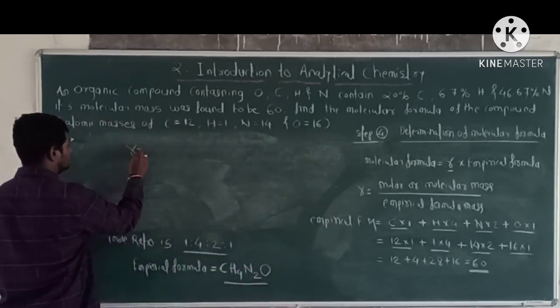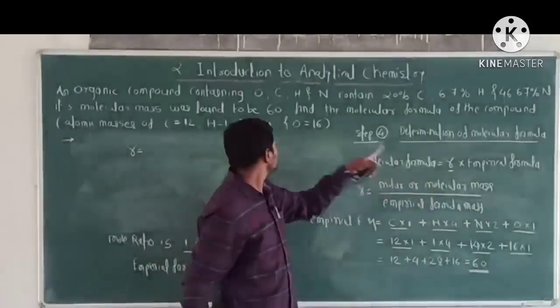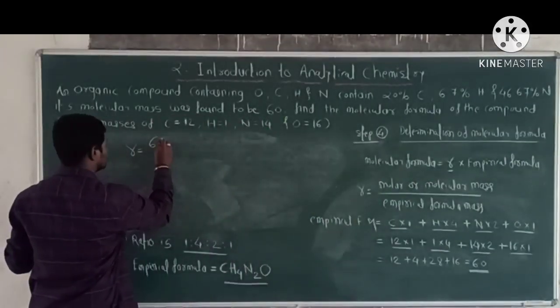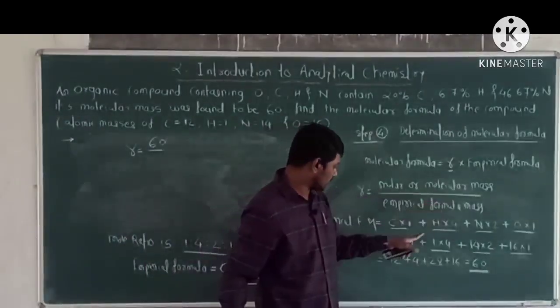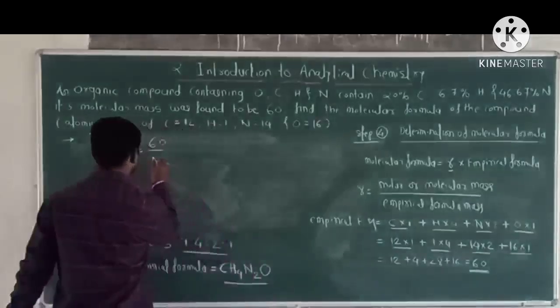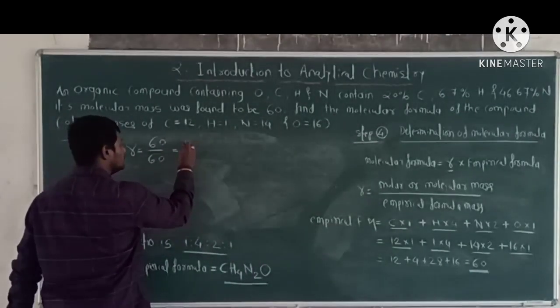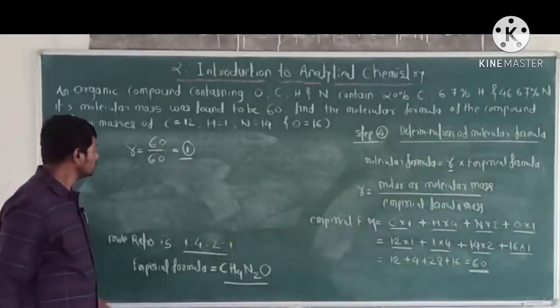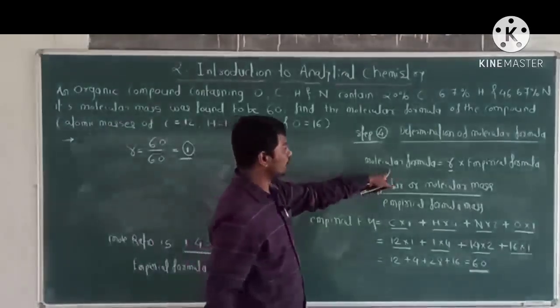R is equal to molar or molecular mass, that is 60, divided by empirical formula mass, that is 60. Therefore R is 1. By using R and the empirical formula, determine the molecular formula.